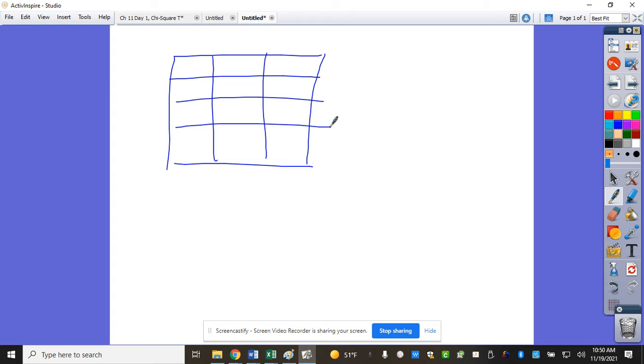So I'm going to look at this like the way we do degrees of freedom. I see how many of them there are this way, minus 1. I'm going to see how many of them there are this way, minus 1. And then I'm going to multiply those two together.